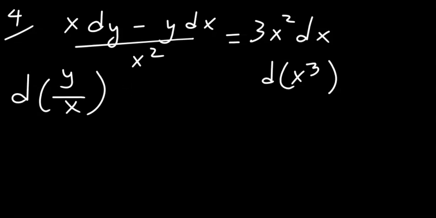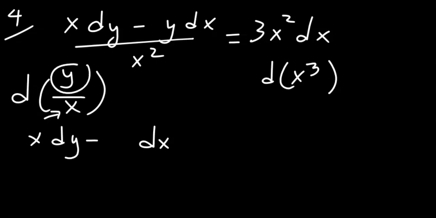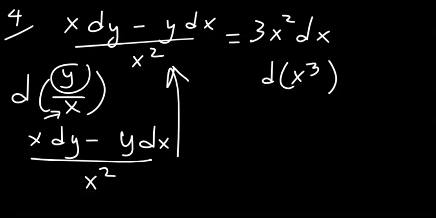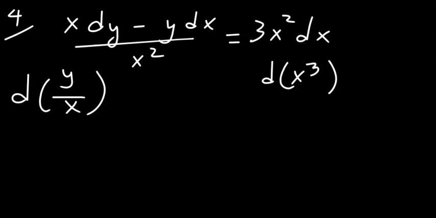Let's check indeed if this is a right choice. Using the quotient rule, the differential of y is just dy. You multiply x, treat that as a constant, minus, now you do the differential of x, which is dx, and you treat y as a constant, over the square of the denominator, which is x squared. You see, you get exactly that. So indeed, the right-hand side can be written as the differential of y over x.